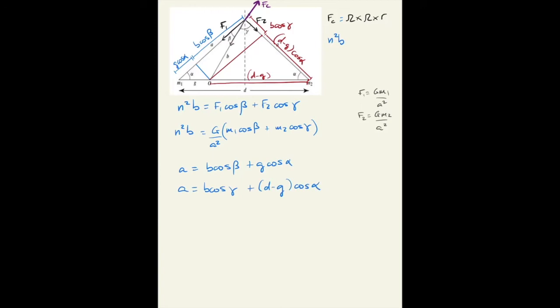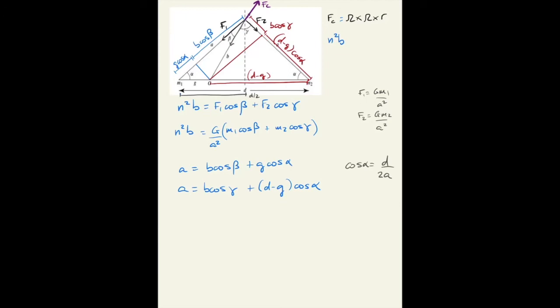Now cosine of alpha is easy enough to eliminate because this triangle P, M1, and M2 is isosceles. So we have that this distance from M1 to the perpendicular bisector is D over 2, and then therefore cosine of alpha is equal to D over 2 over the hypotenuse, which is A. So cosine alpha is D over 2A.